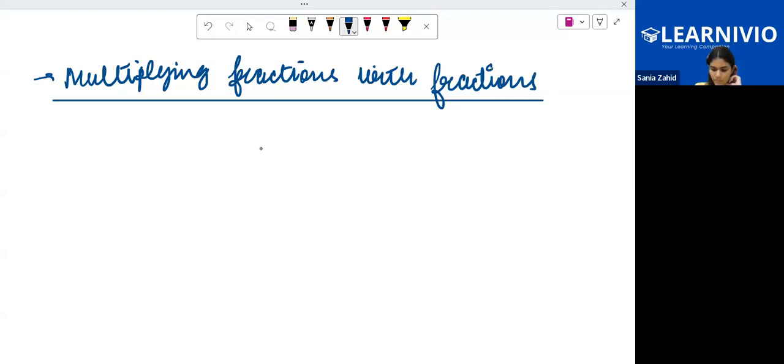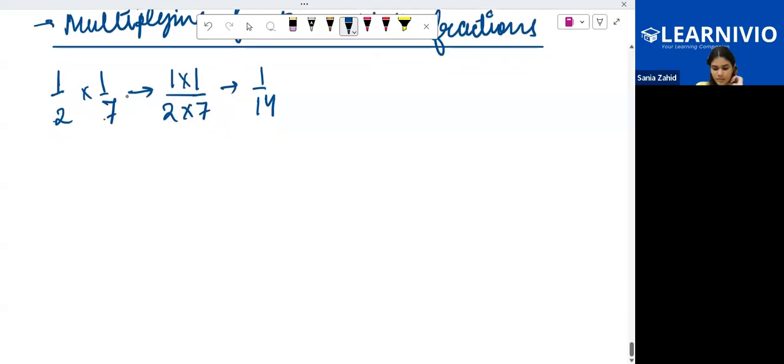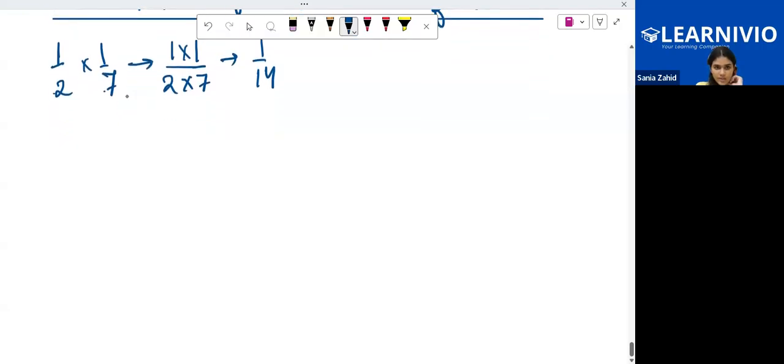So, for example, you have 1 upon 2 multiplied with 1 upon 7. So what you will do, you will multiply the numerator with the numerator. You do 1 into 1 and you do denominator with the denominator, 2 into 7. So your answer will be 1 upon 14. Very simple, right? Yes, ma'am.